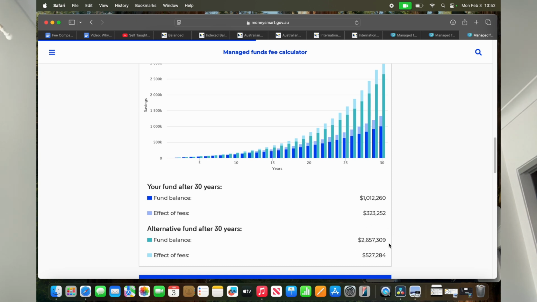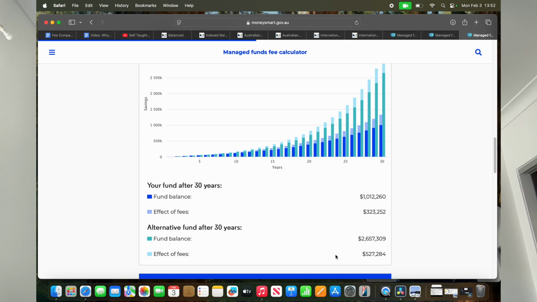Now, again, you have to keep in mind this is unlikely to be the result after a 30-year period. This is if this return is at a 13% return every year for 30 years. So this is probably an overblown amount. However, this is what we have over the last 10 years. So you see you're going to be paying fees of 527,000.